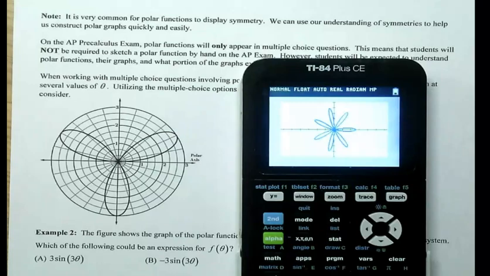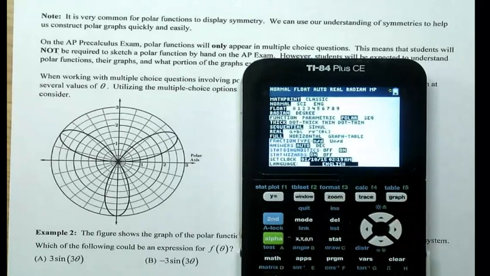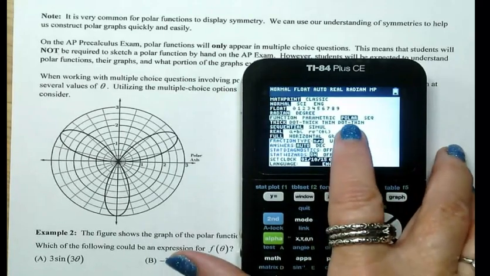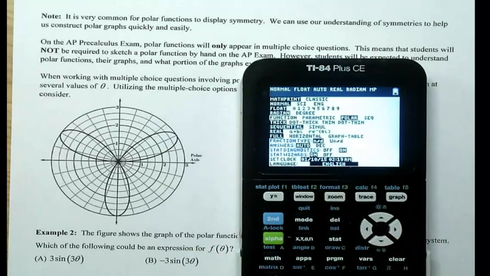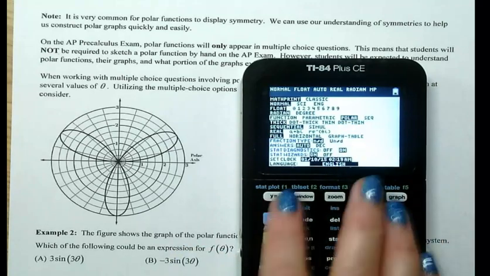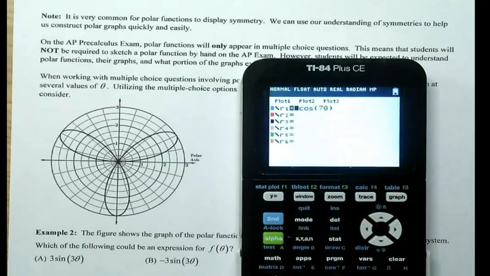So a couple of things if you're using your calculator to double check anything that you're doing: you want to make sure if you're going to graph that you turn your calculator onto polar mode, which is right there, excuse me. And then also that you're still in radians. And then when you go to your y equals, you're going to see the r equals equations. And so that's kind of all of the forms we've been talking about have r equals.